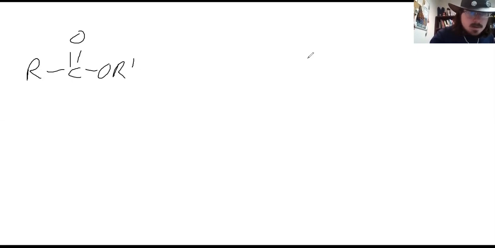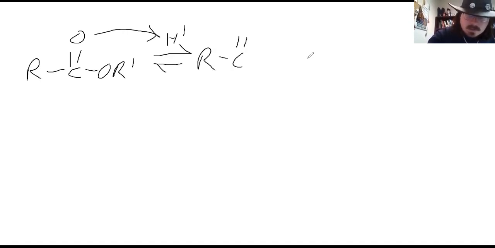So remember, Fischer esterification was, okay, we have our carboxylic acid. Step one, we protonate, which makes, we essentially deactivated the carbonyl, making that a better electrophile, better for our weak nucleophile to attack.